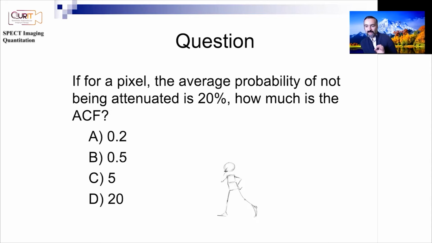Attenuation correction factor is a multiplication factor. What number should I be multiplying my reconstructed value in that particular pixel by to correct for it, to compensate for this effect?